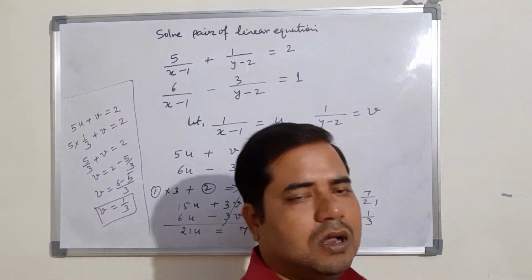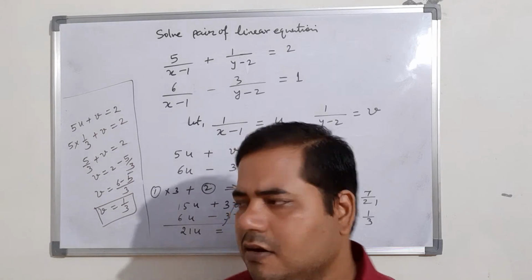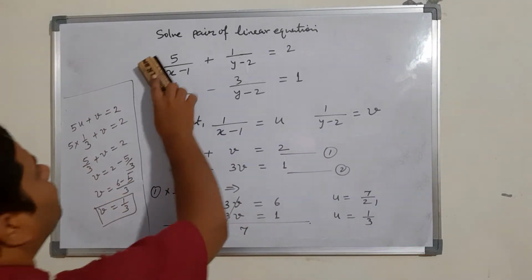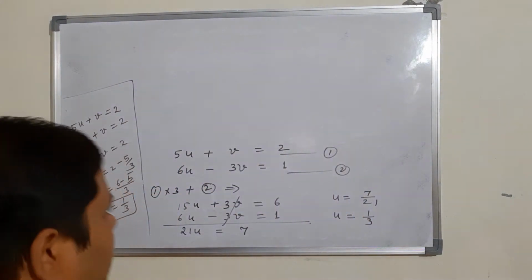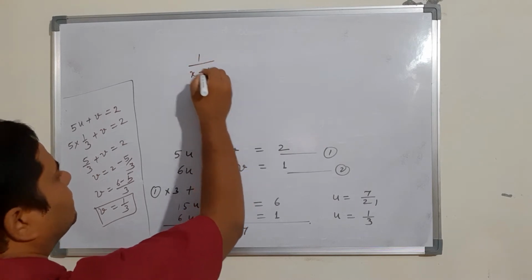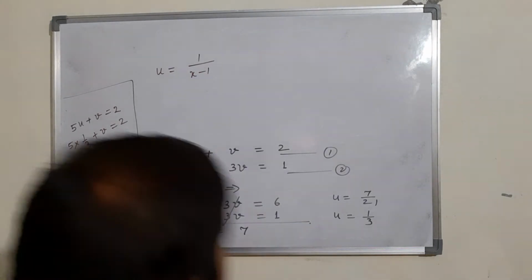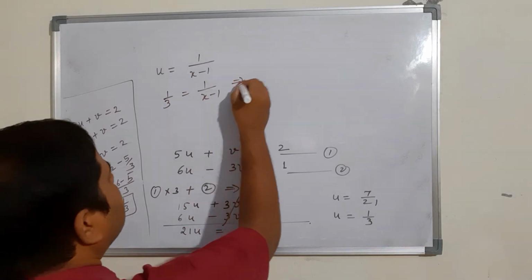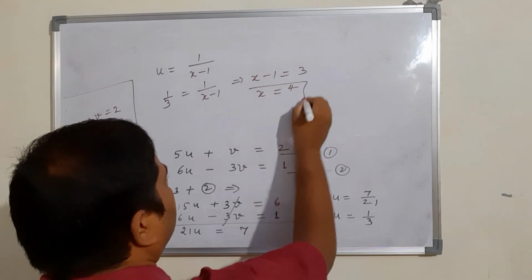Now substitute the value of u and v, and we will get the value of x and y. We have to replace the value of u and v. u is 1 upon x minus 1, and 1 by 3 is equal to 1 upon x minus 1. So x minus 1 is equal to 3, so x will be 4.